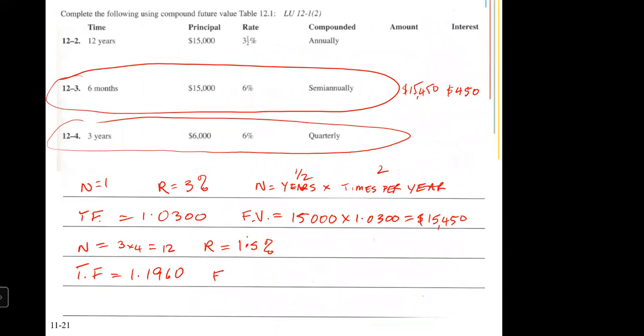So the future value, which is your compound amount, would be the 6,000 times that 1.1960, which gives us $7,176.